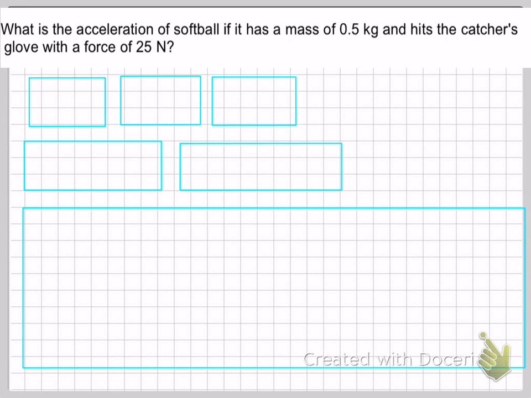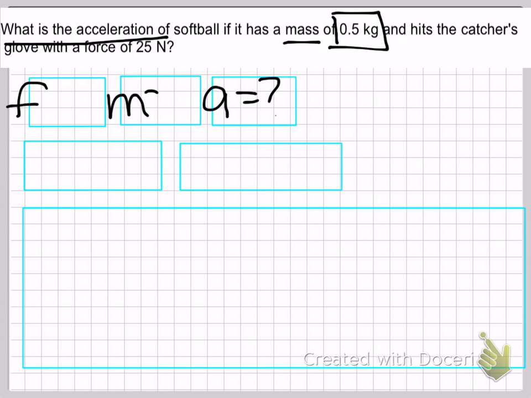Now let's try finding acceleration. What is the acceleration? First I need to find what's known. That's my K step. Acceleration is missing, of a softball that has a mass of 0.5 kilograms, and hits the catcher's glove with a force of 25 newtons. 25 goes here.